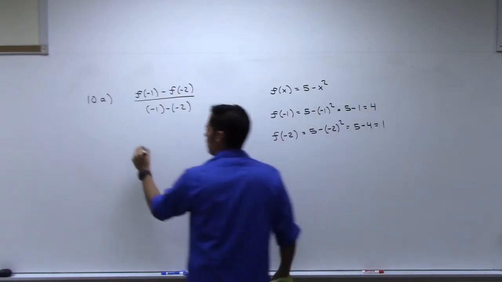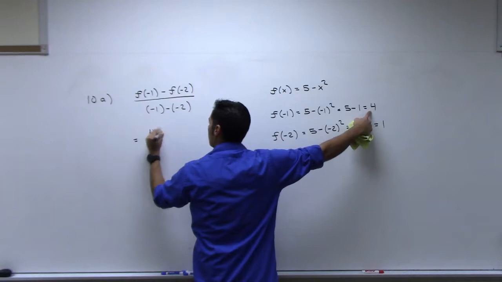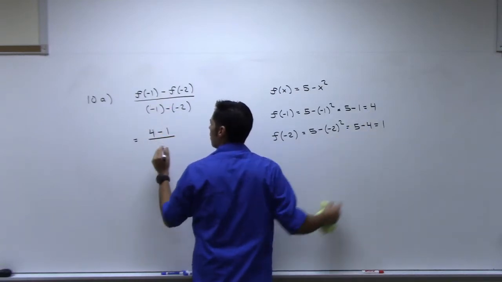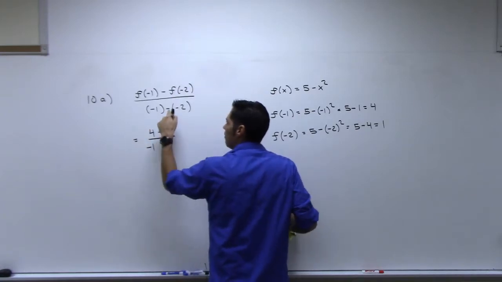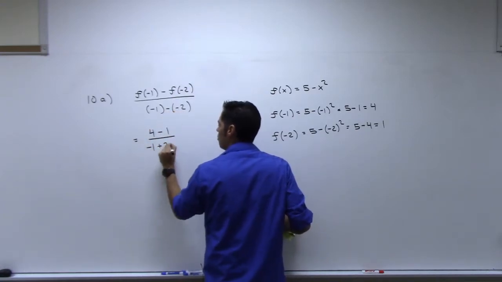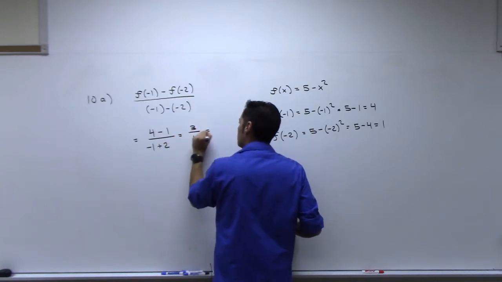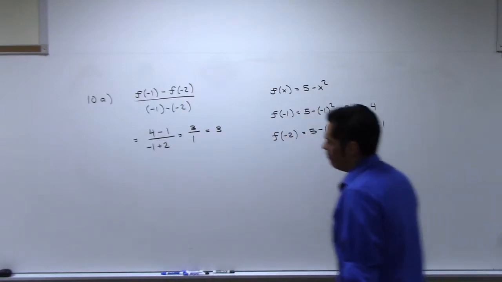So when we rewrite this, f of negative 1 was 4, minus f of negative 2 was 1, over, now let's just look at this. This is really negative 1, minus a minus is plus, so plus 2. So we get here 3 over 1, which is just 3. So for 10 part A, we get 3.